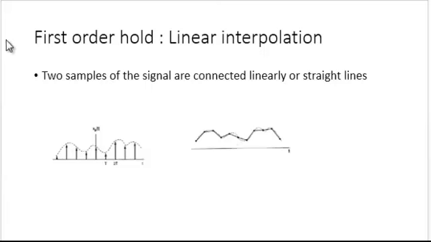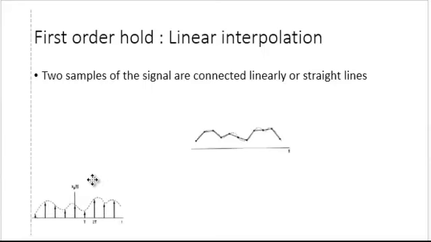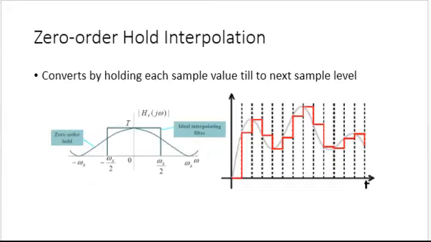Clear? So in first order hold, two samples are connected through straight lines. In zero order hold, two samples are connected through a step function. If you notice both cases, which one do you feel is better? We feel first order hold is better because it is giving a more exact representation of the given input signal compared to the previous one.